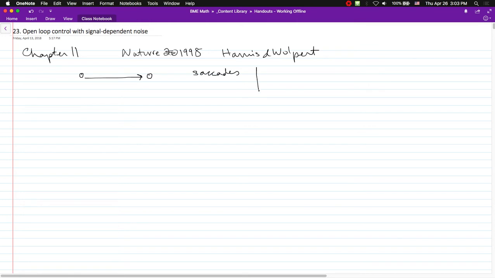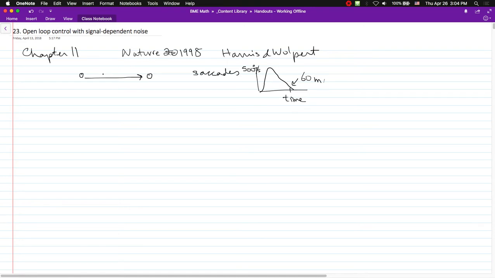And they said, look, when you look at that velocity profile in time, maybe a saccade that usually takes, say, 60 milliseconds has a velocity that sort of looks like this. It has a peak velocity of about 500 degrees per second.